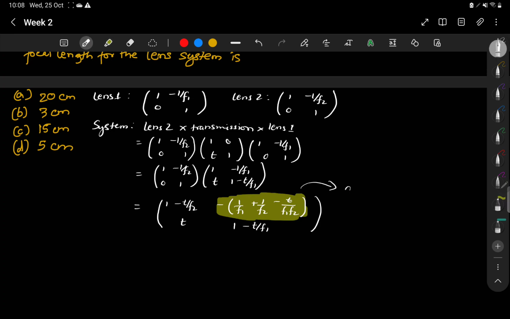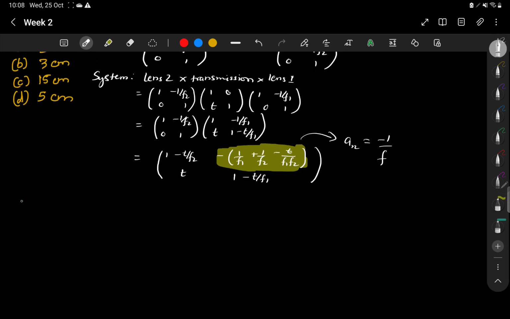This is A12, which is minus 1 over f. So we get 1 over f equals 1 over f1 plus 1 over f2 minus t over f1 f2.